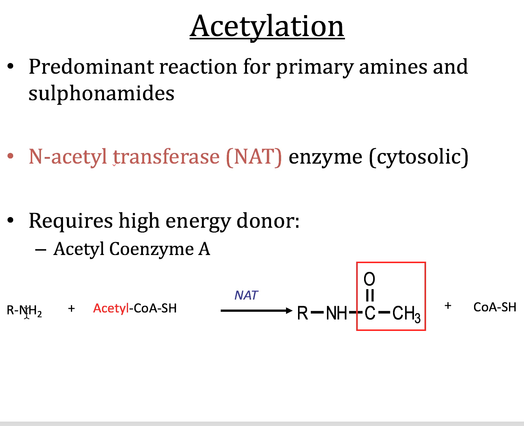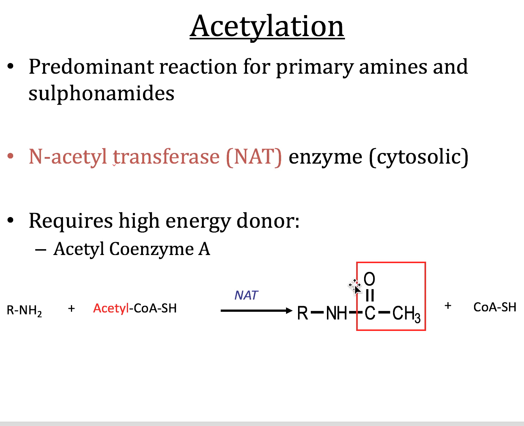So firstly, what you look for is mainly primary amines. So you have the acetyl CoA, this is the high energy donor, and then you have the NAT, the enzyme.